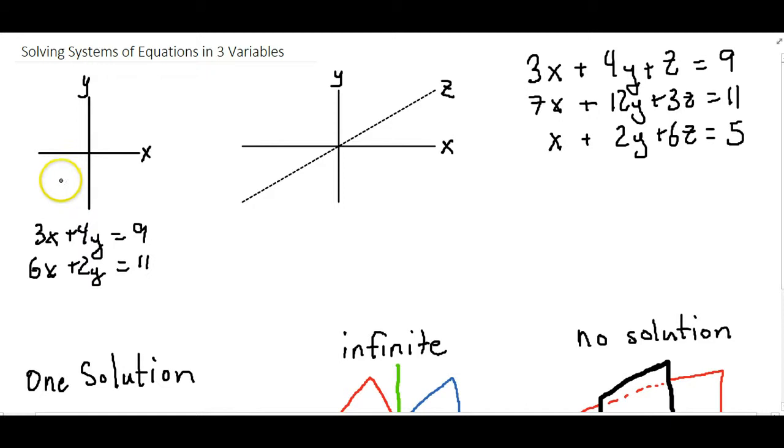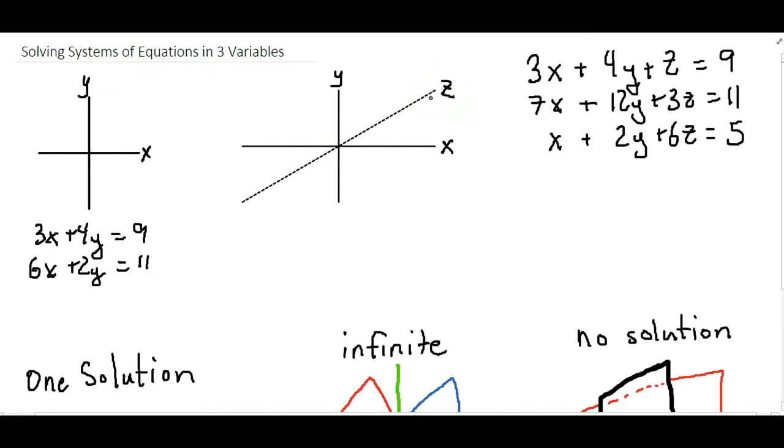So on the graph of 3x plus 4y equals 9, we just have our x and y axis. So now when we throw in a third variable with three equations, we literally add a whole new dimension. So before we had two dimensions, x and y. But this time we're going to be adding in a third dimension, which we can call a z.